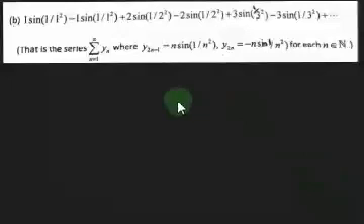Okay guys, if you look at this problem here, we want to determine whether this series is convergent or divergent, right? If you look at this alternating series, the first one here, I did a video on this one.